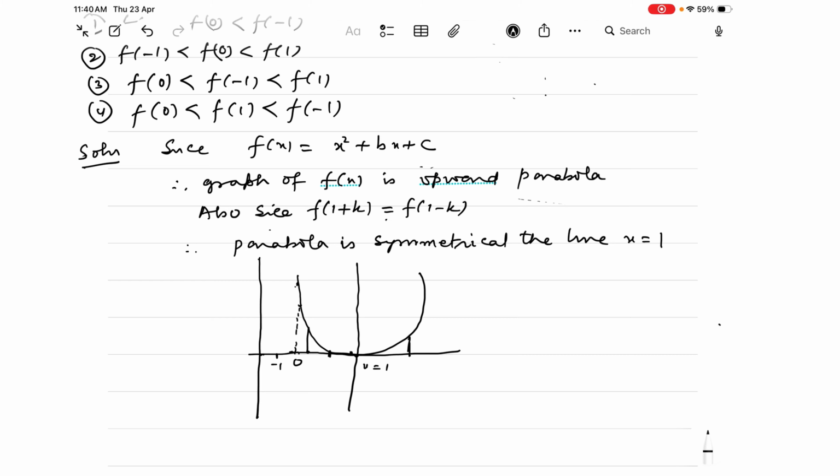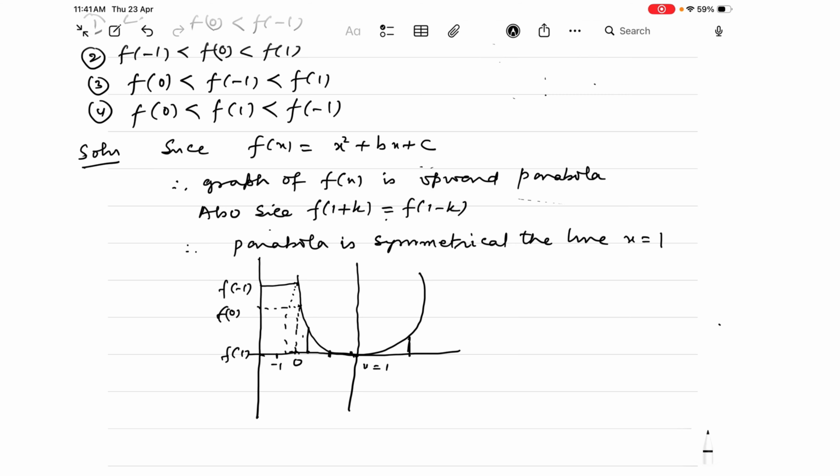So this part, if it is minus 1, this will be f of minus 1. This part will be f of 0. And this part will be f of 1.